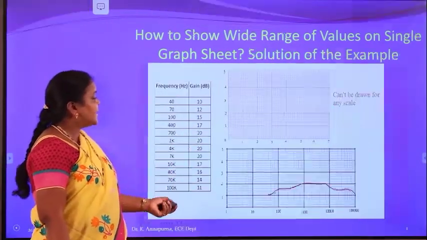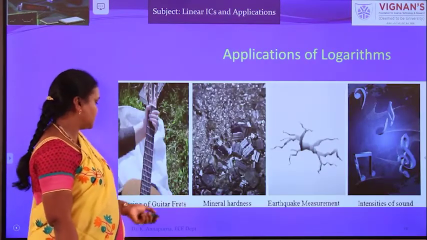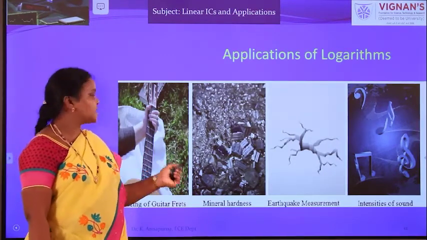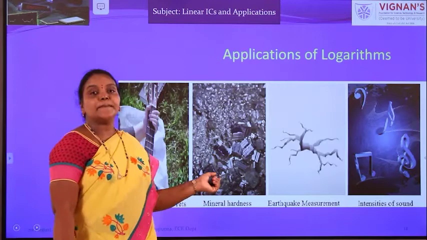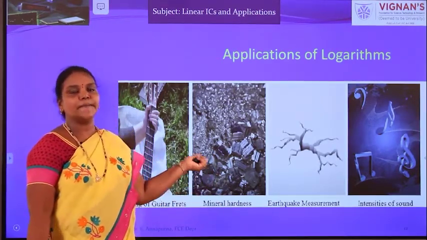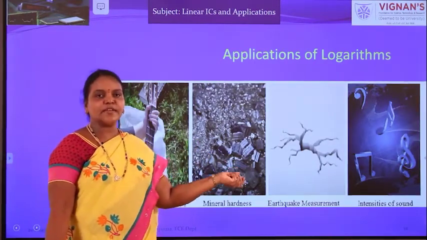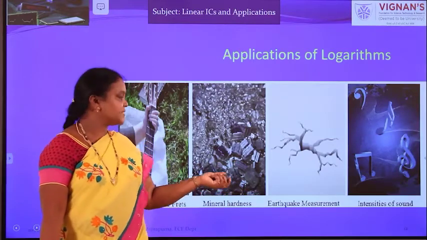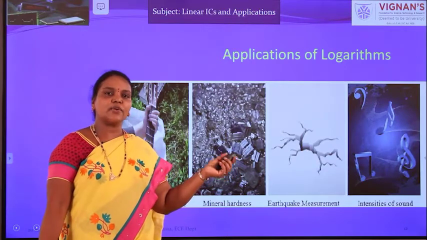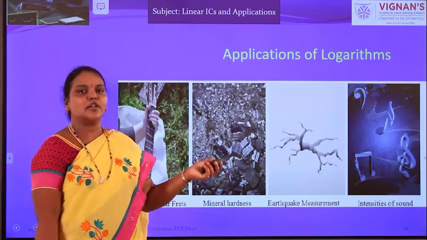In guitar lines also, the spacing will be like this. So the spacing between guitar frets is also following the logarithmic scale. And the measurement instrument for mineral hardness is also following the logarithmic scale. And already we have discussed the earthquake Richter scale, which follows the logarithmic scale. And intensities of sounds, already I think you have heard in decibels, right? So in decibels means already they are in logarithmic scale.